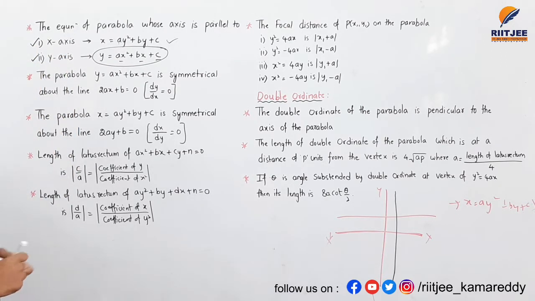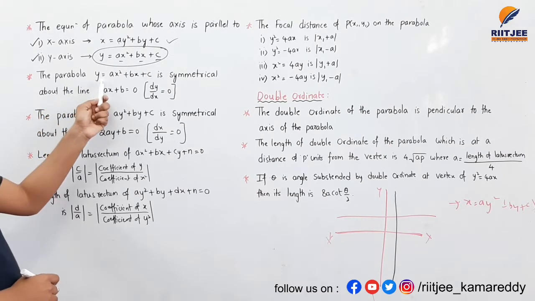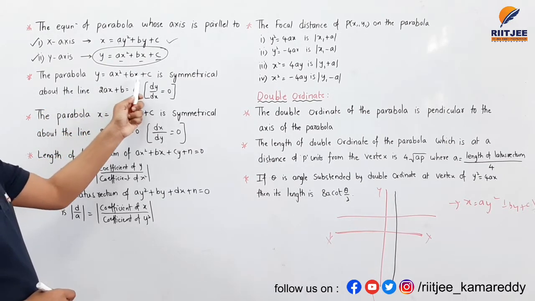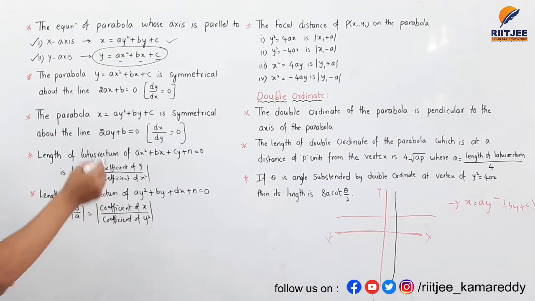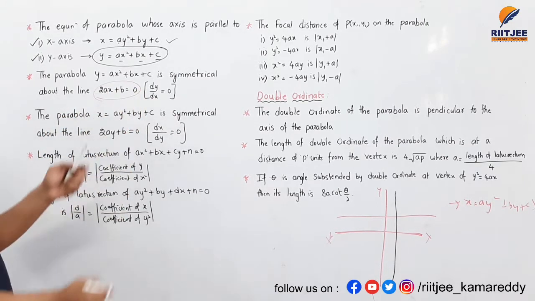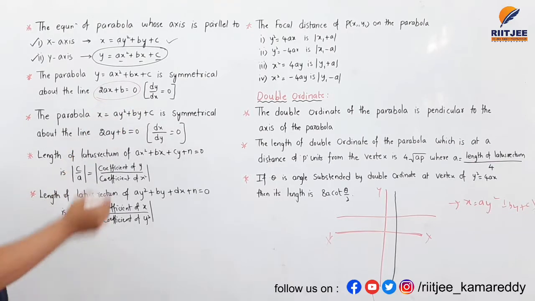And the second point: the parabola y is equal to a x square plus b x plus c is symmetrical about a line.